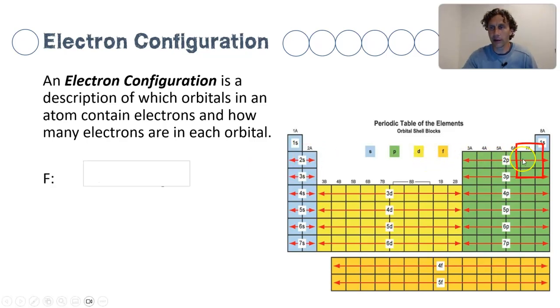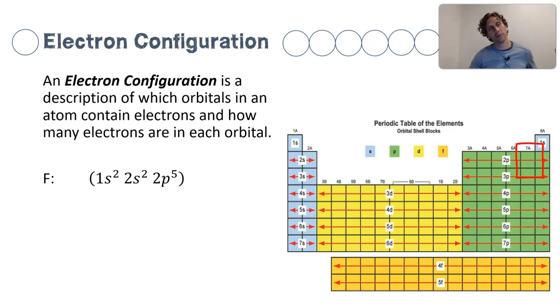What about fluorine? Fluorine is way over here. And you can look at this diagram. It's going to be 1s2, 2s2, and then we move over here. These are the 2p orbitals. And we've got 2p, 1, 2, 3, 4, 5 for fluorine. So fluorine is going to be 1s2, 2s2, 2p5.